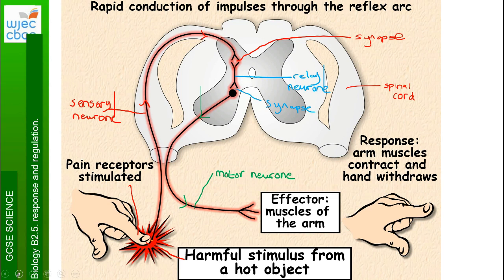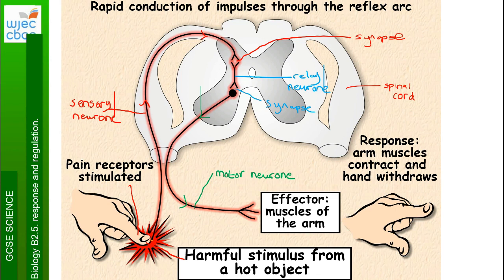So it's this sequence that's really important for you to know when you're talking about a reflex arc. So the sequence is stimulus, receptors, sensory neuron, synapse, relay neuron, synapse. You don't technically need to include the synapses, but it's important that you know that they're there.